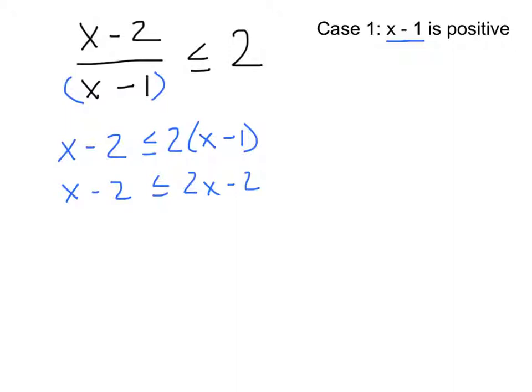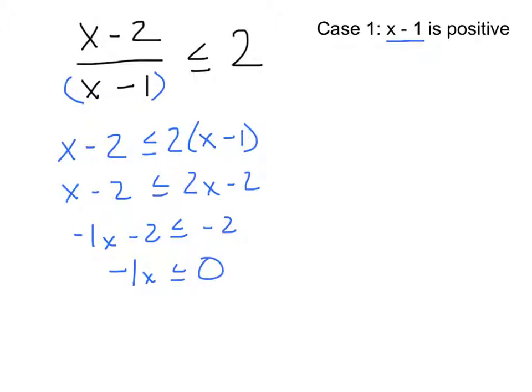I can subtract 2x from both sides. That'll give me negative 1x minus 2 is less than or equal to negative 2. I can add 2 to both sides. That gives me negative 1x is less than or equal to 0.